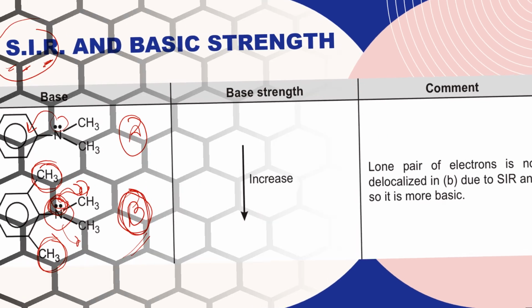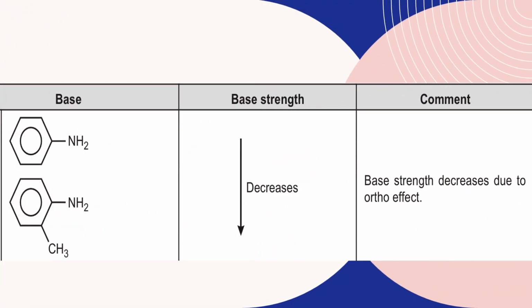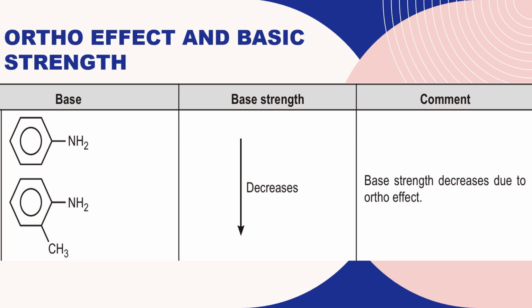Next is the ortho effect and basic strength. That's a very important effect, the ortho effect. If any group is present ortho to the NH2 group in benzene amine or aniline, then it will decrease the basic strength. Why?